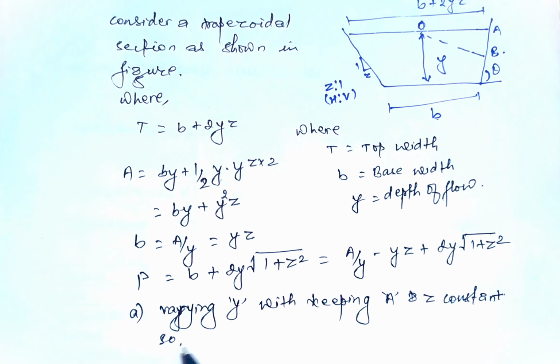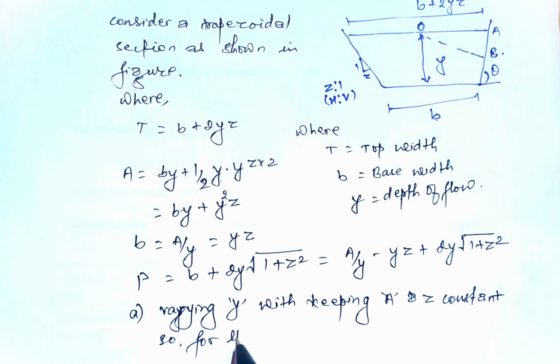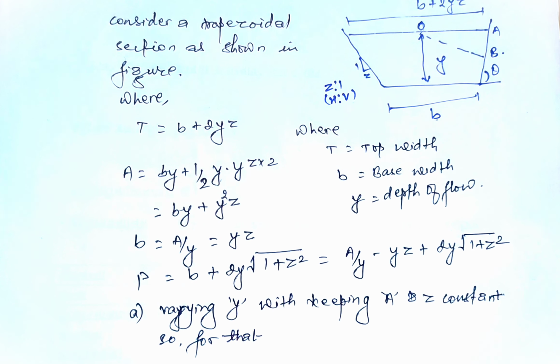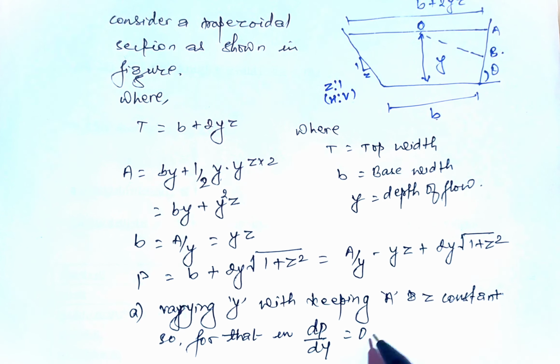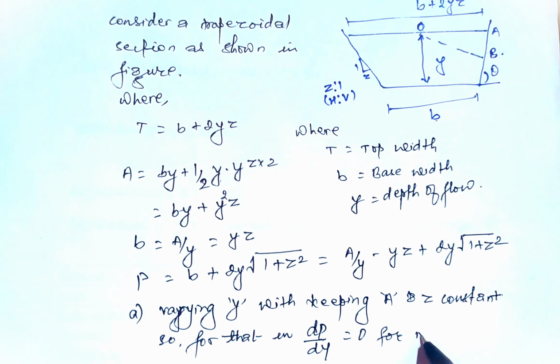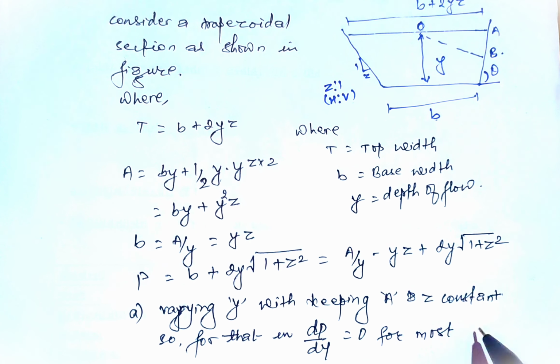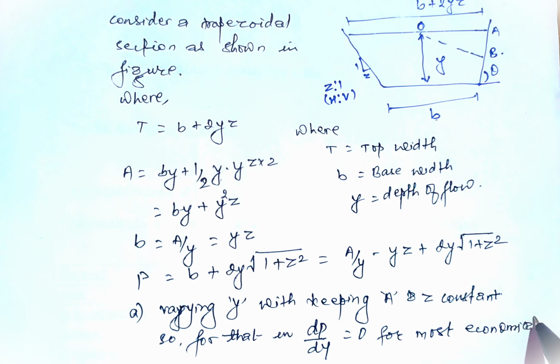So for that, dP by dy equals 0 for the most economical section.